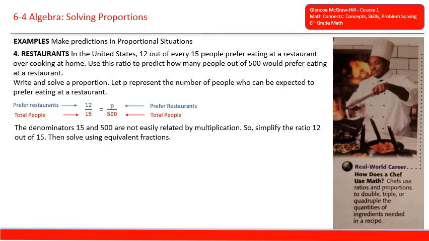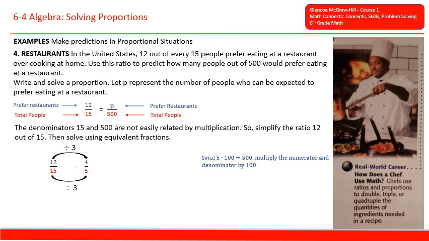So simplify the ratio 12 out of 15, then solve using equivalent fractions. So we need to simplify 12 out of 15, and we're going to do that by dividing by their greatest common factor, or GCF. So 12 divided by 3, and 15 divided by 3, and that will give us 4 out of 5 people.